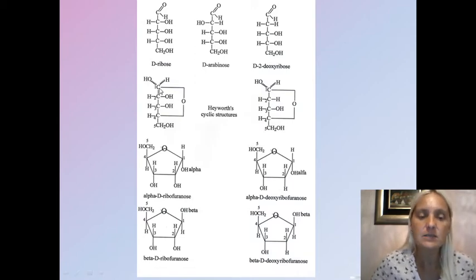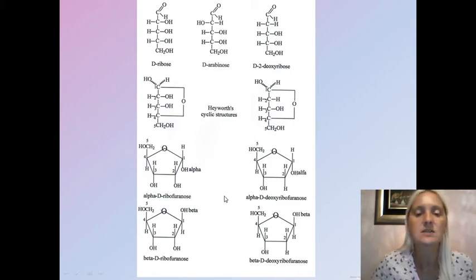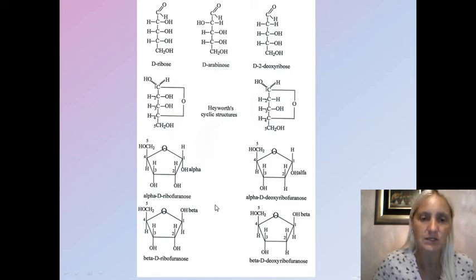In this case, we're going to have a 5-membered heterocyclic ring with oxygen called furanose. So this is going to be D-ribofuranose. Those formulas are either Fischer's or Haworth's cyclic structures and formulas.